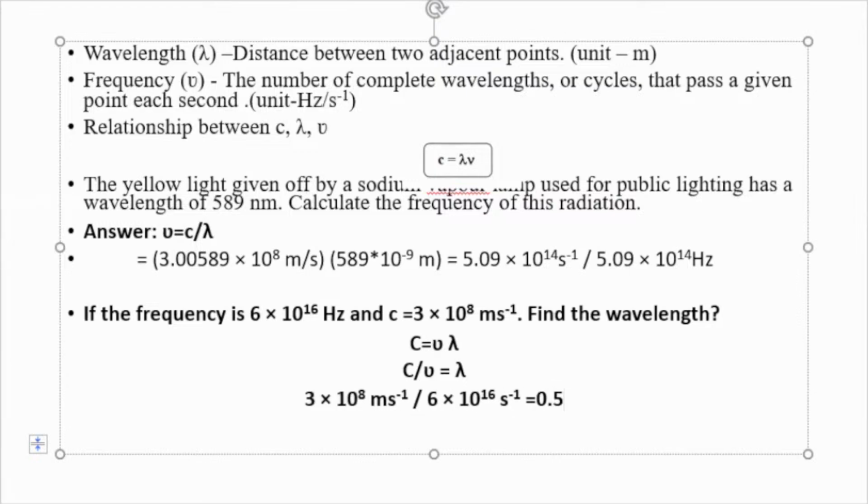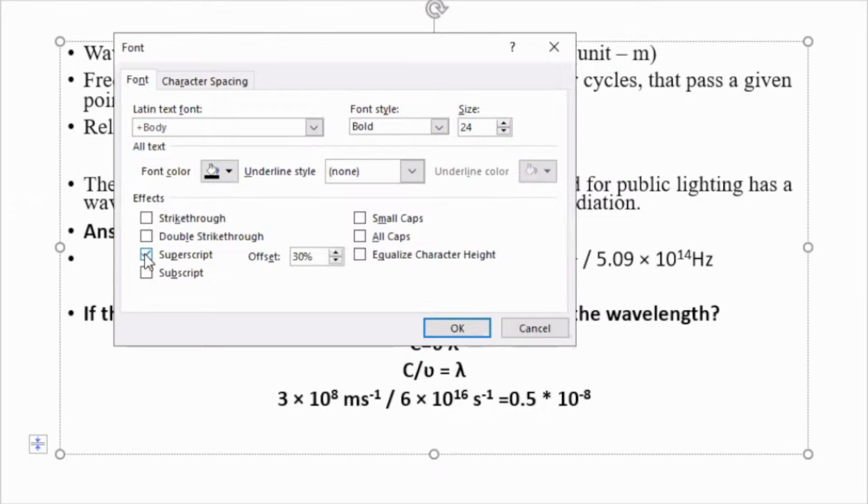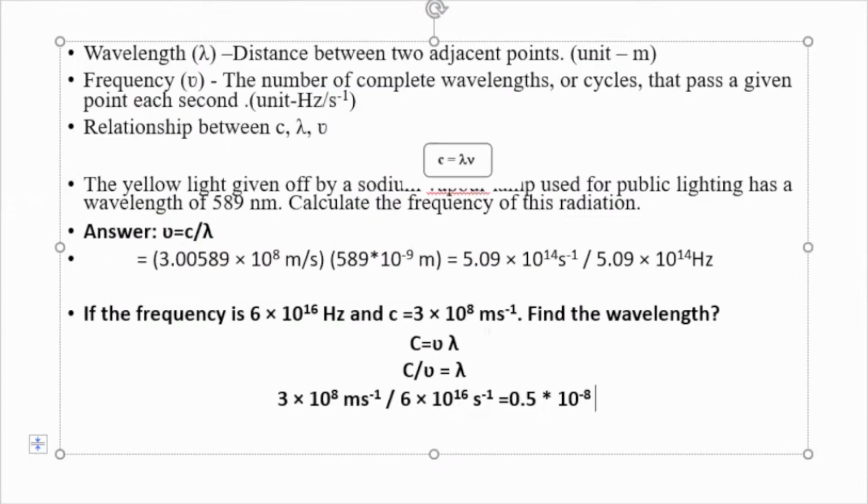So 0.5 into 3 divided by 6.5 into 10 to the power minus 8, and the unit is meters. Or else we can get it as 5 into 10 to the power minus 9. It is also correct.